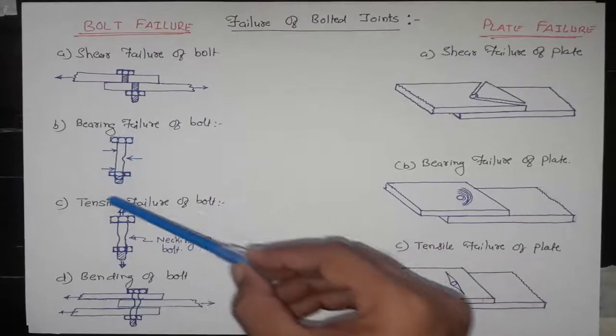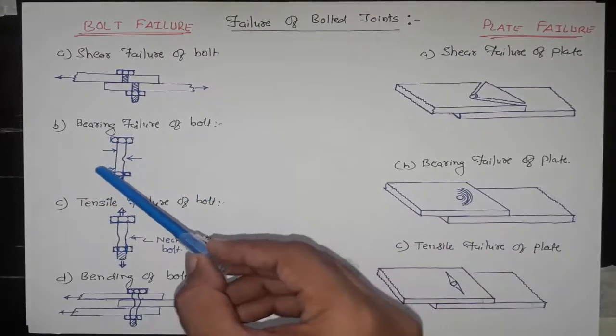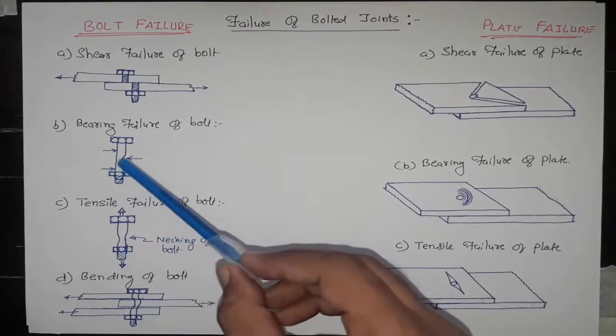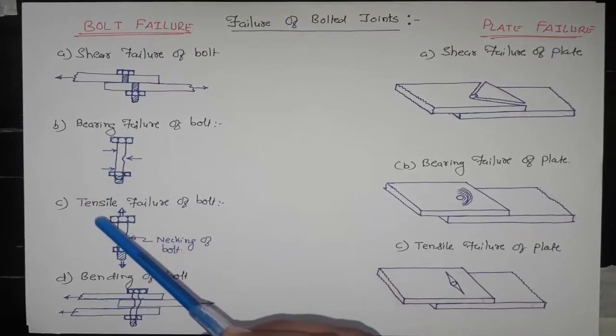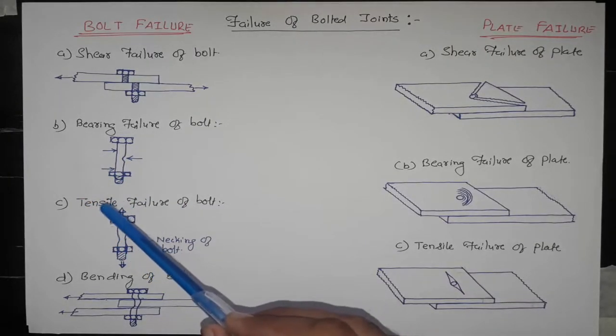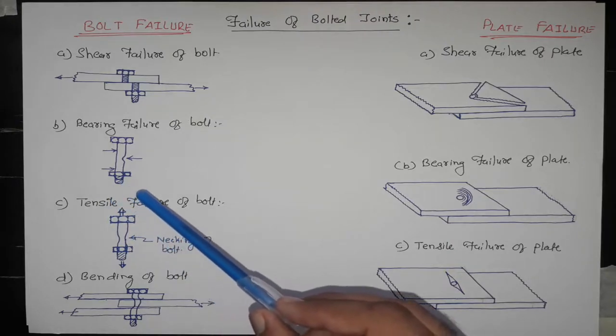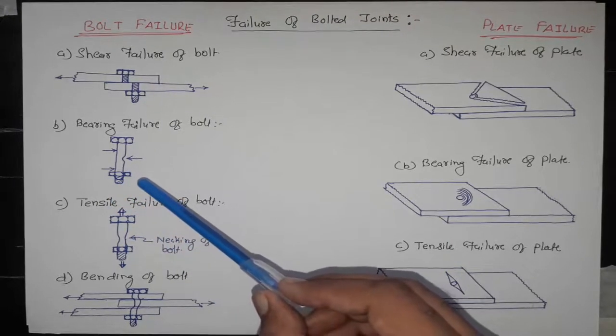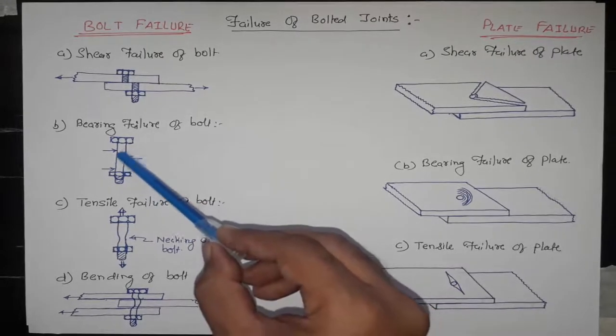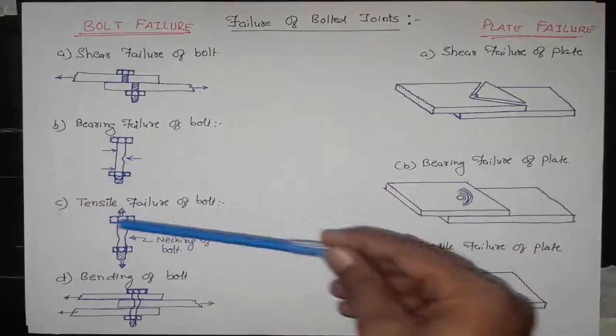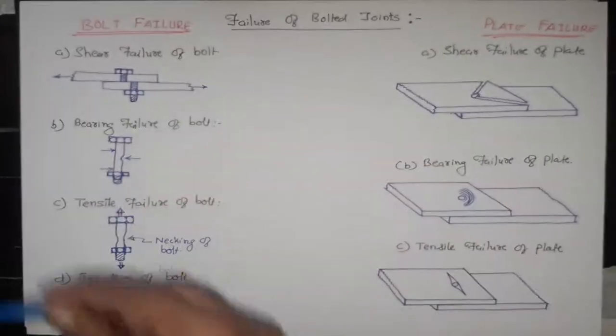This is the bearing failure of bolt. When the strength of the bolt material is lower than the material of the plate, the bolt will not be able to provide sufficient bearing to the plate and the bolt will fail in bearing. This is an indentation of the plate moving towards the negative x direction.